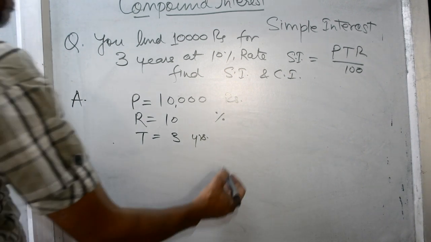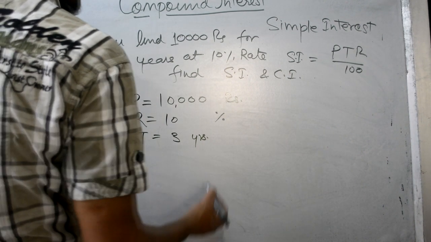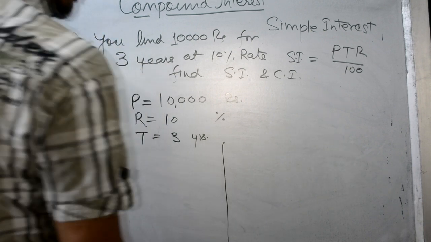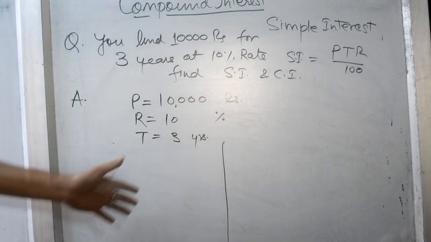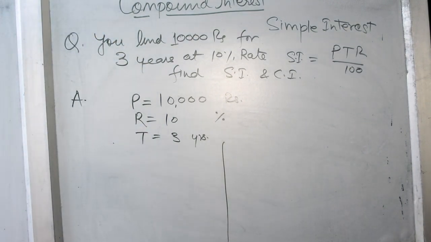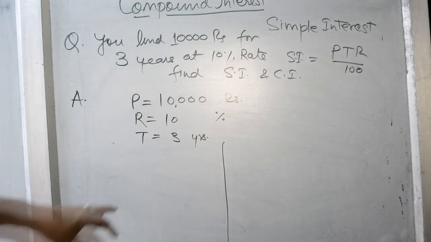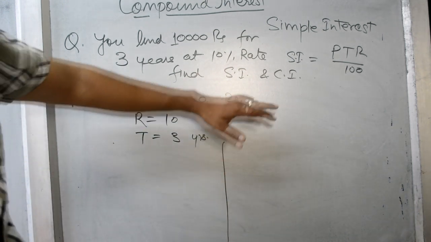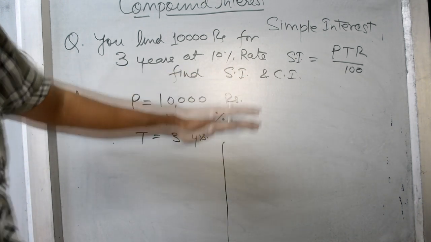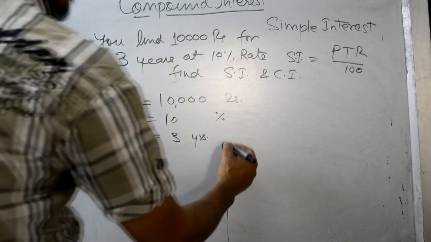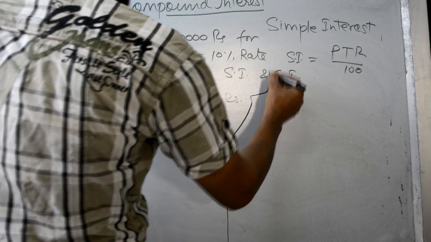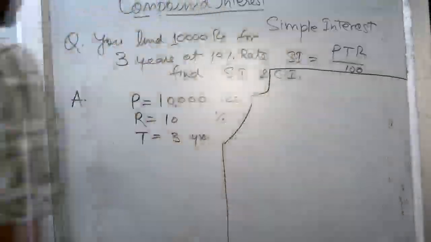Got it? Now I am dividing this board in two parts. In one part I will find out the simple interest, and in the other part of the board I will find out the compound interest. Got it?